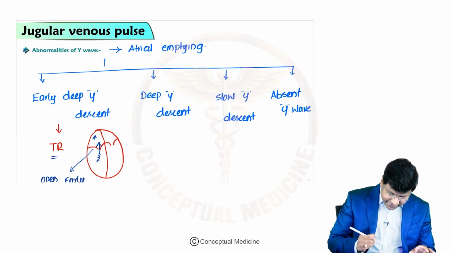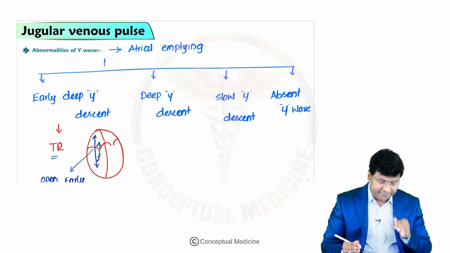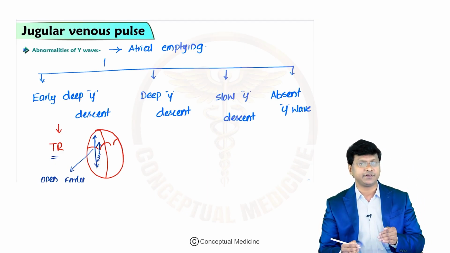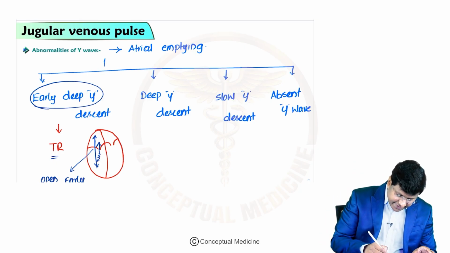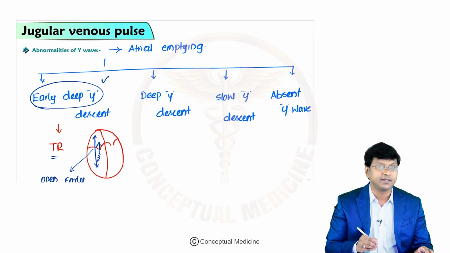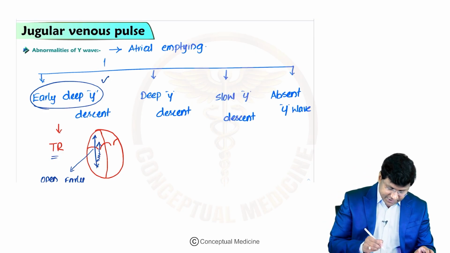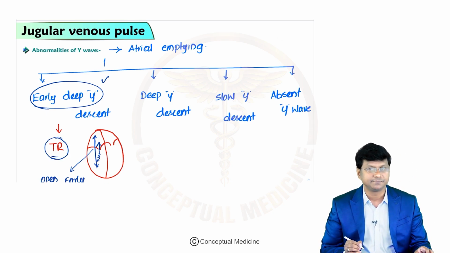When the tricuspid valve opens early, there is early emptying of blood from the right atrium to the right ventricle, and thereby you will have an early deep Y descent. That is what you will have in patients with tricuspid regurgitation.